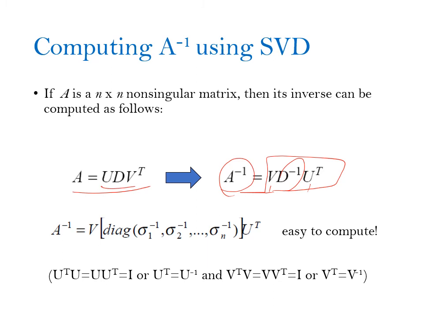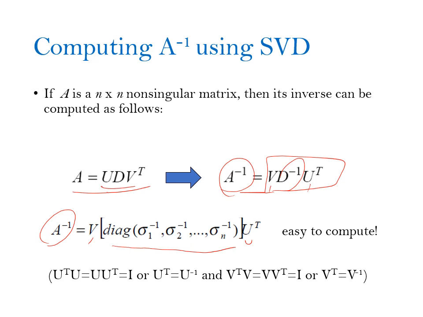So the inverse of matrix A will be equivalent to V times the diagonal inverse times U transpose. Originally A was U D times V transpose.